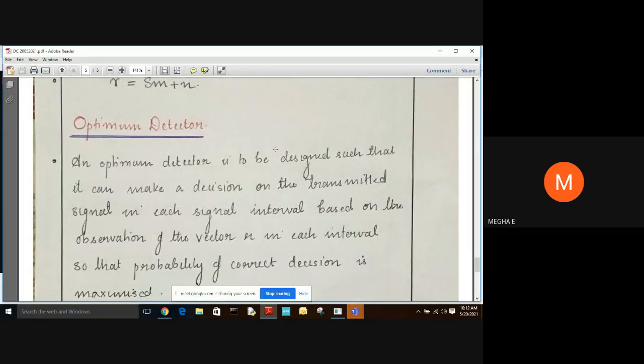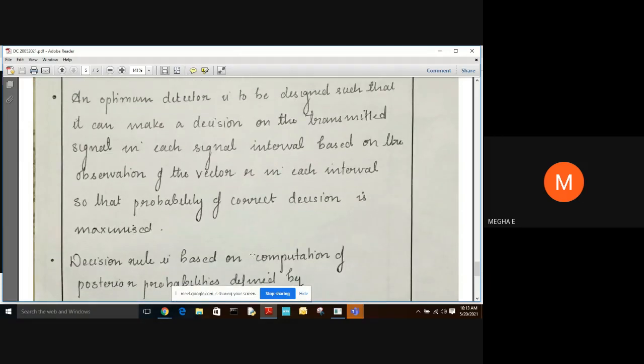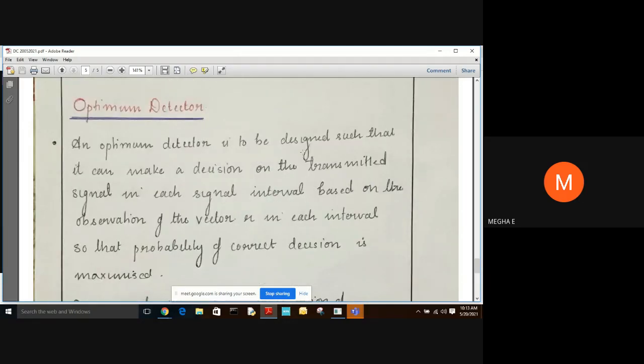So the optimum detector has to be designed such that it can make a decision on the transmitted signal in each signal interval based on the observation of the vector R in each interval, that is the signal demodulator output. The optimum detector makes the decision so that the probability of a correct decision is maximized.